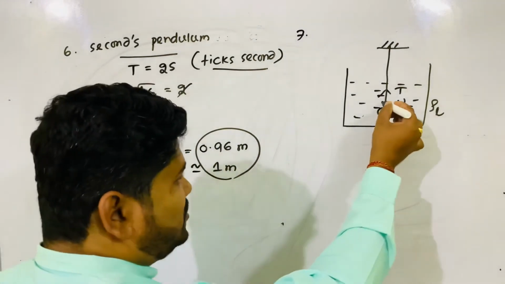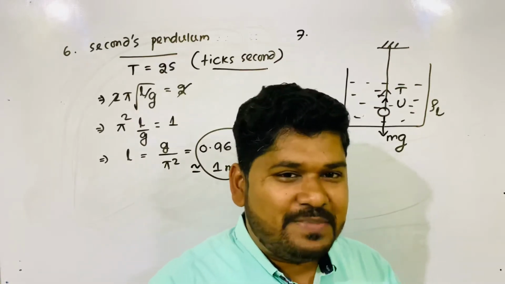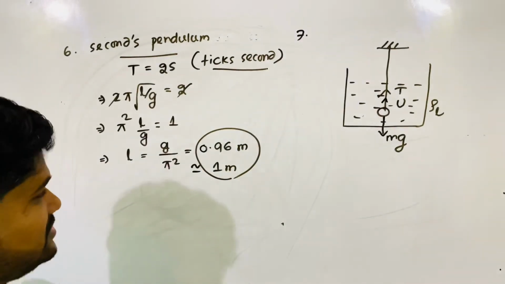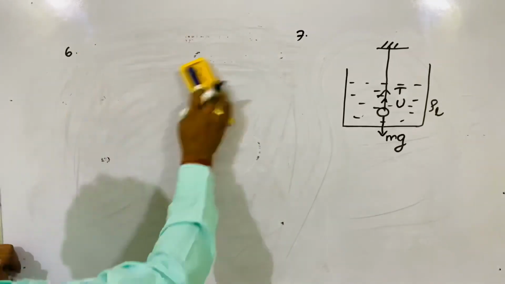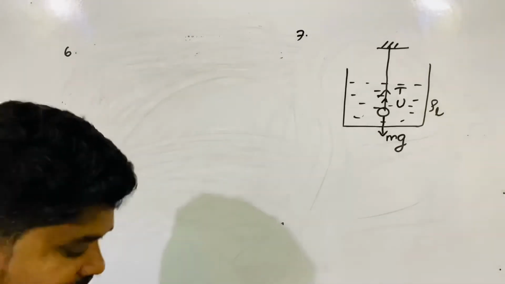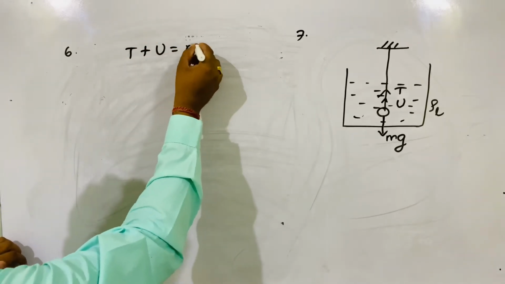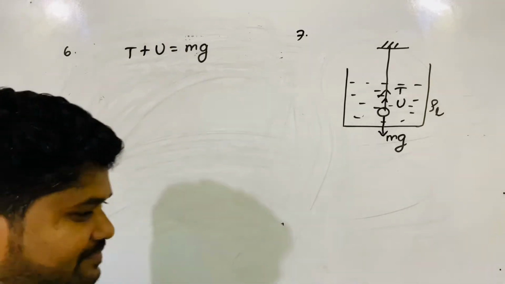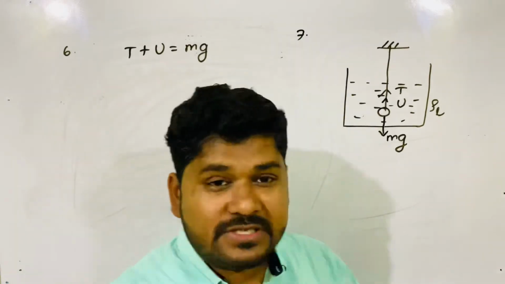So, what happens in the equilibrium position? What is the equation now? T plus U is equal to mg in the equilibrium position.